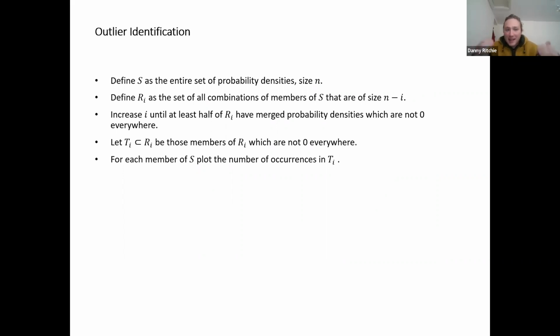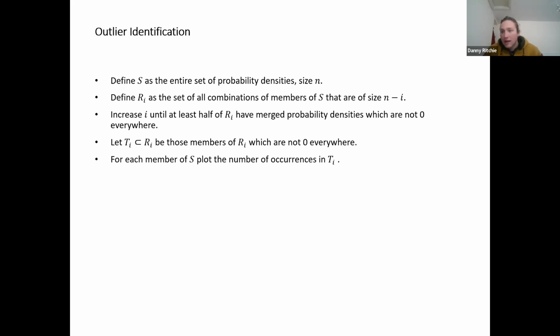So if we define S as the set of all the probability densities from each of the sampled points, then we define Ri such that each member of Ri will be a combination of members of S of size n minus i.